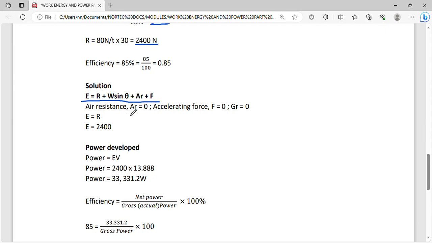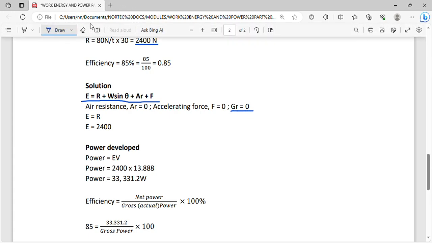Analyzing this has already told us that air resistance is zero. We haven't been given the factors there. The accelerating force is also zero, and it's on a level track, so the gradient resistance also comes to zero.